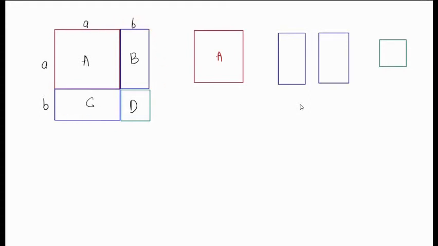Usually we just divide it into 4 parts and add all the parts. So A, B, C, and D. The area of the first part is length times width, so A times A is equal to A squared.